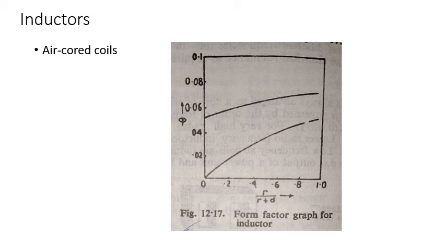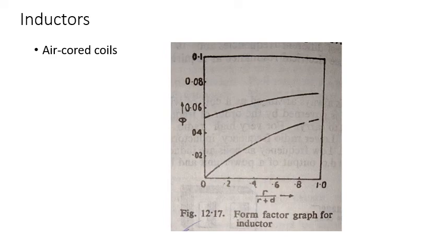So the inductance of an air core coil is proportional to the square of the number of turns, the diameter of the coil, and the form factor F. The form factor F is dependent on the ratio of the coil radius to the coil length plus winding depth.